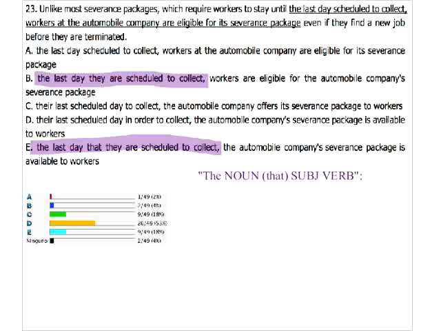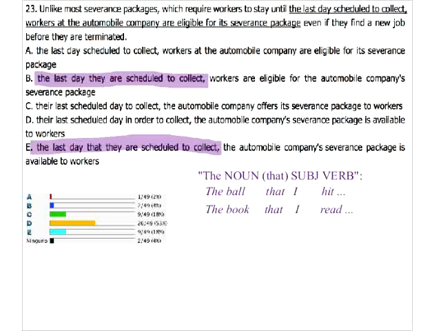So here's a few more examples. The ball that I hit. The book that I read. The test that I took.